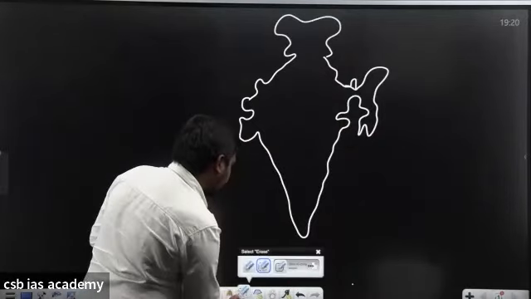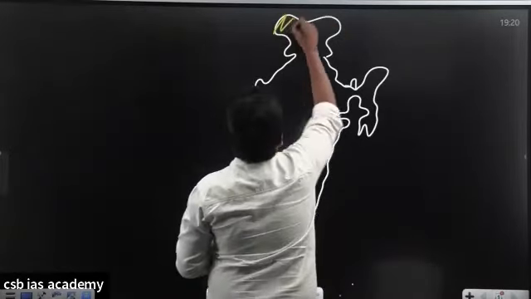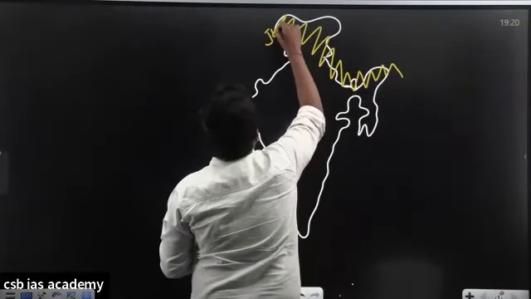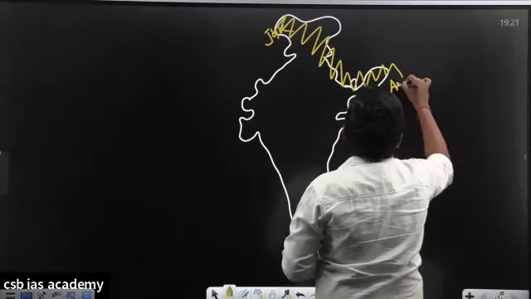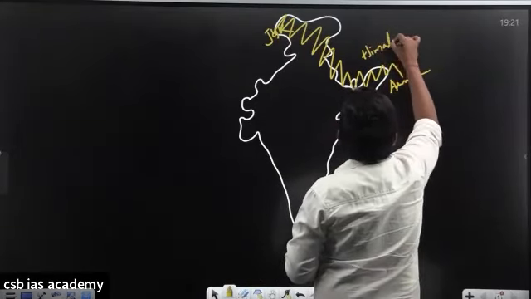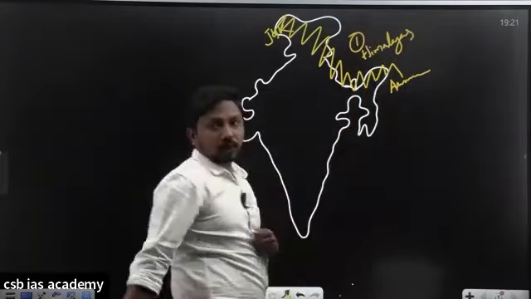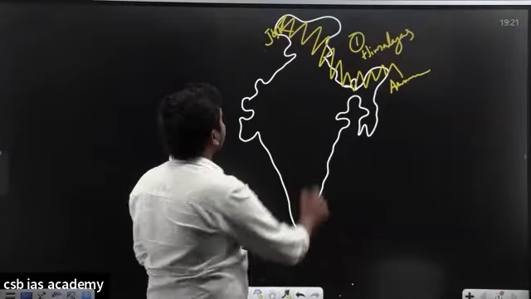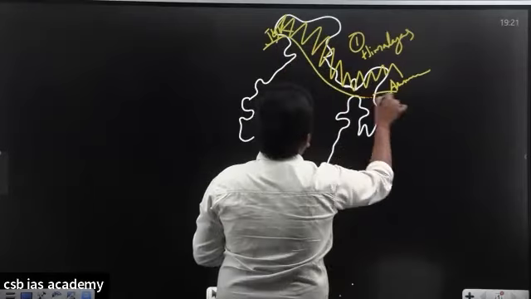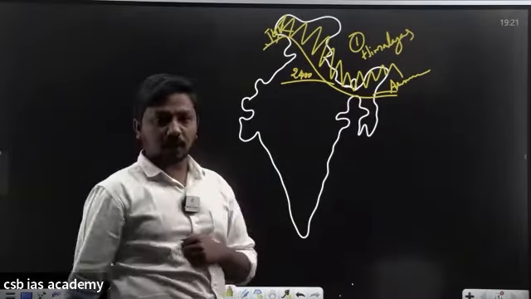If you look at the physiographic divisions here, the first one is the Himalayas. The Himalayas are the mountain ranges located from Jammu and Kashmir to Arunachal Pradesh. So the Himalayas are the first and most important physiographic division. They cover almost 2,400 kilometers from Jammu and Kashmir to Arunachal Pradesh.